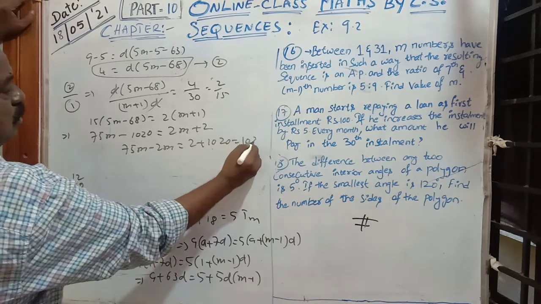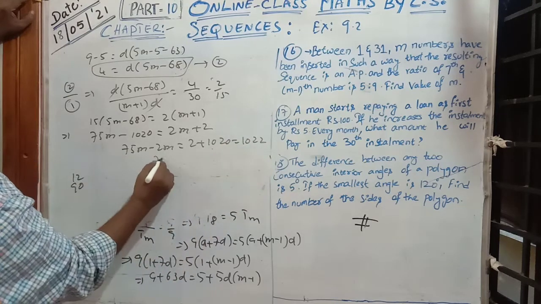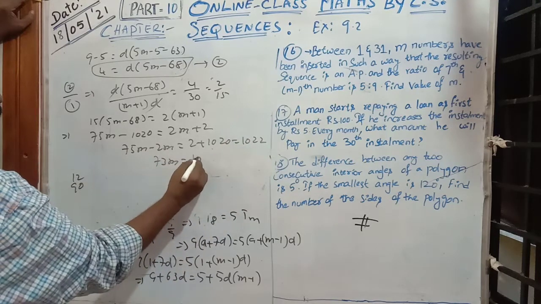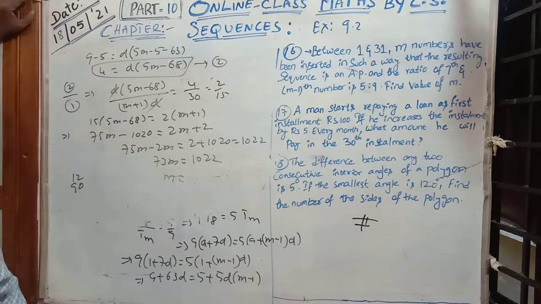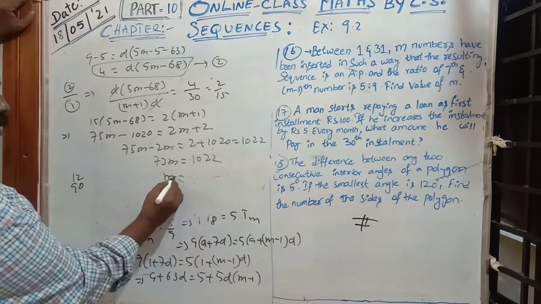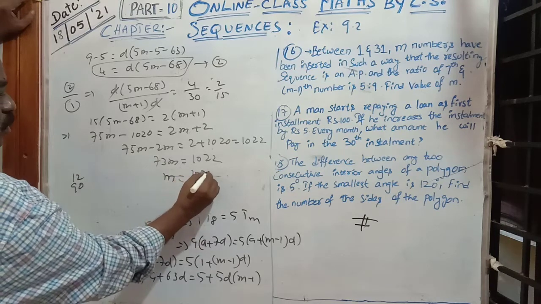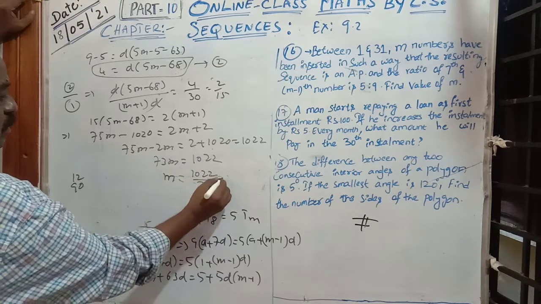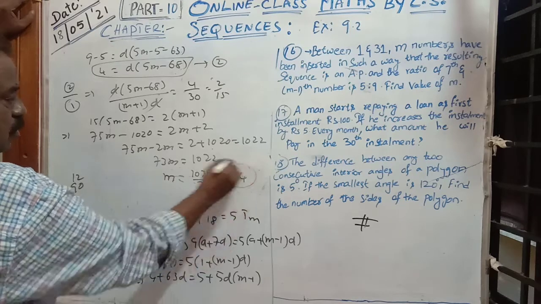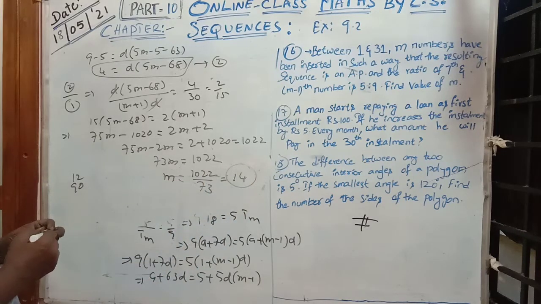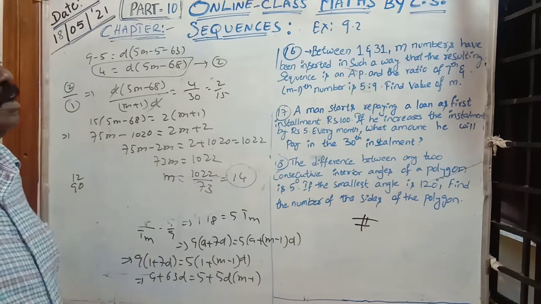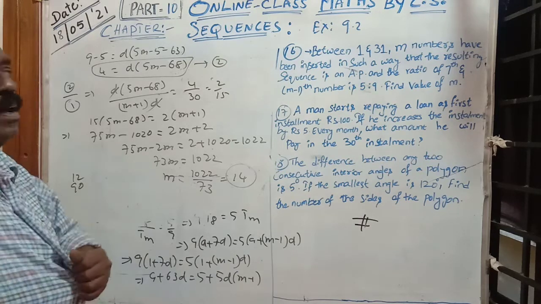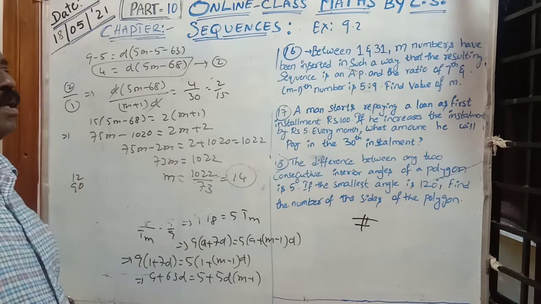It is 1022. So 73m is nothing but 1022. M is equal to 1022 by 73. Exactly it is 14. Okay then? So there are 14 numbers that can be inserted between 1 and 31.